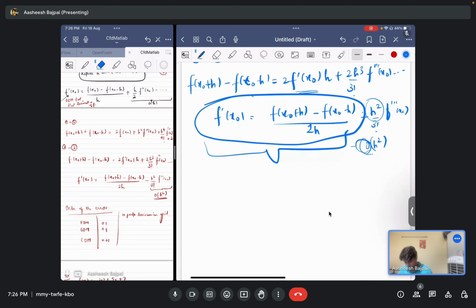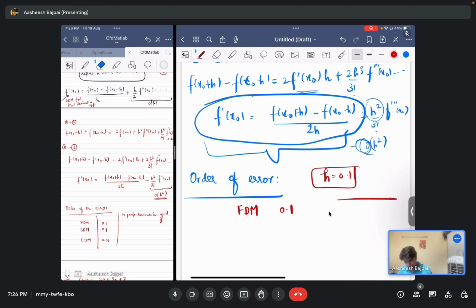The point we want to clear is about the order of error. In the forward difference method, suppose 0.1 is my h. I have a 10 meter rod, and I have divided it into 100 parts of 0.1 each, and this 0.1 is h, the step of that rod.